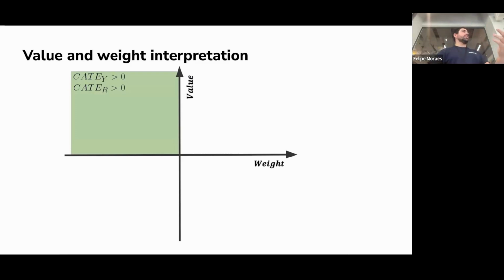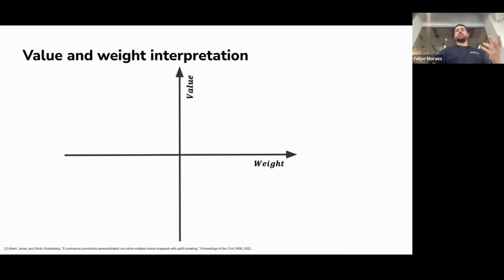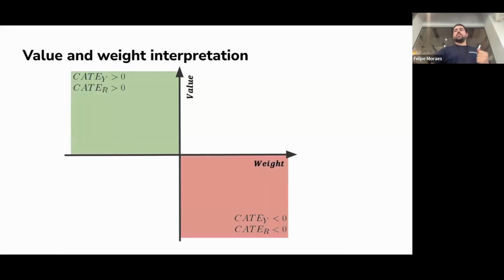So it's positive conversion and positive revenue in this case. The other case that is very clear is that you have negative conversion and negative revenue. So it never makes sense to do this because you want to maximize your conversion, and you basically just hurt your revenue. So this is the no-go area.